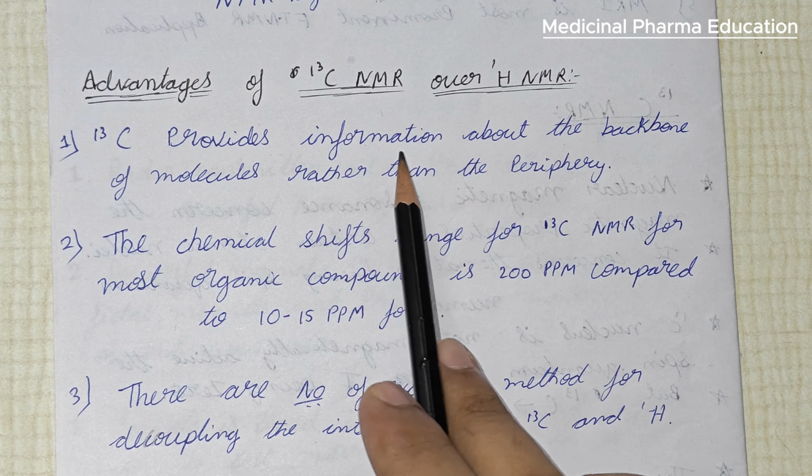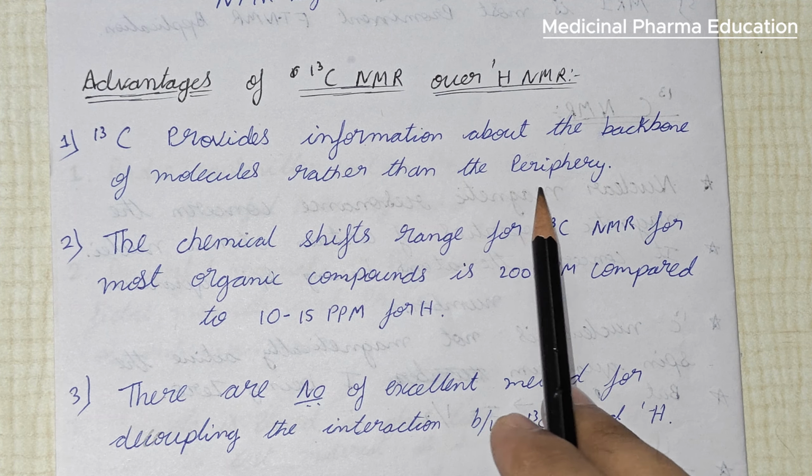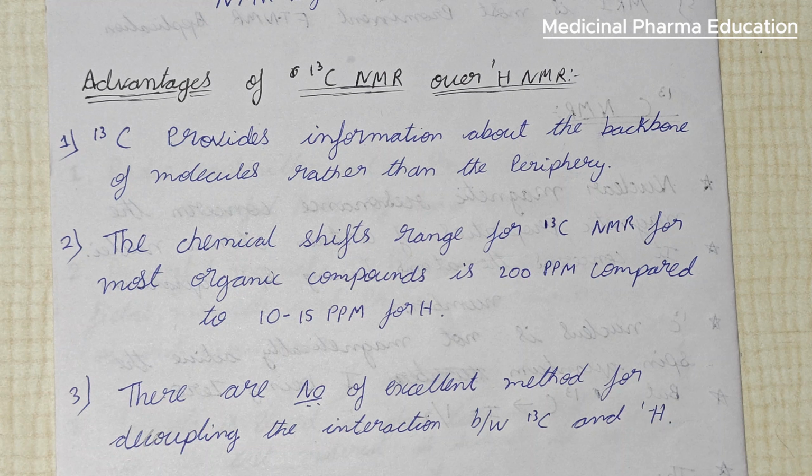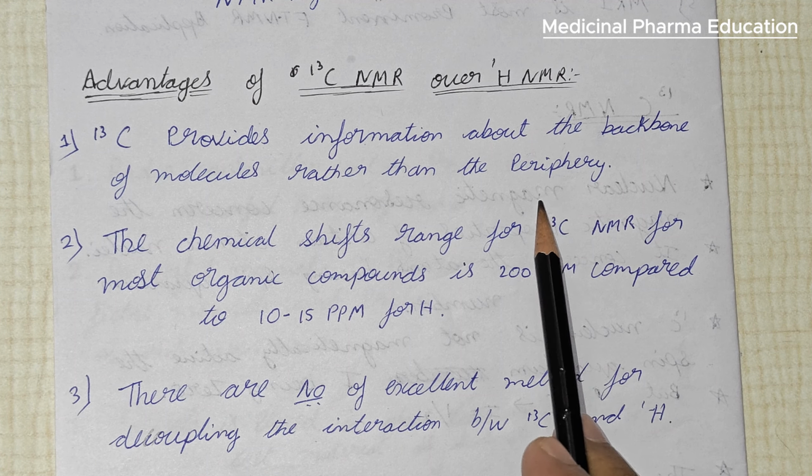13C provides information about the backbone of the molecule rather than the periphery. It's telling that the C13 carbon gives in-depth information rather than just the surface information, a complete information rather than giving some information.